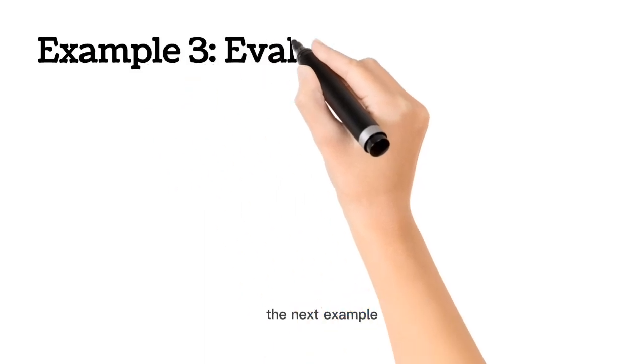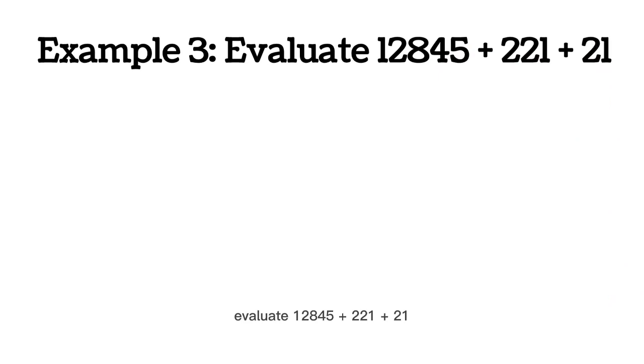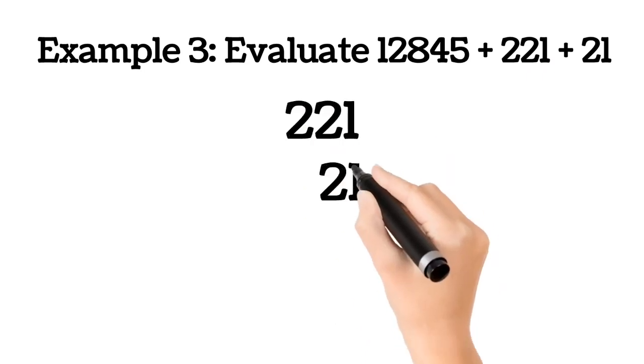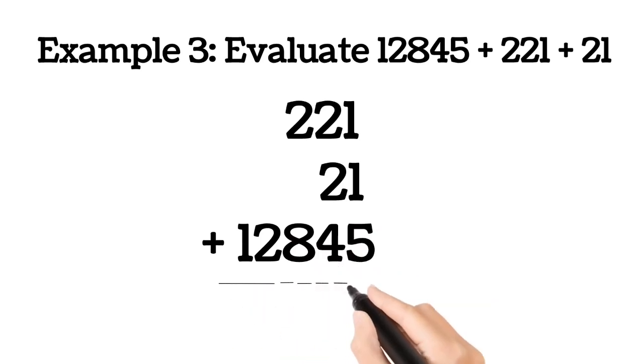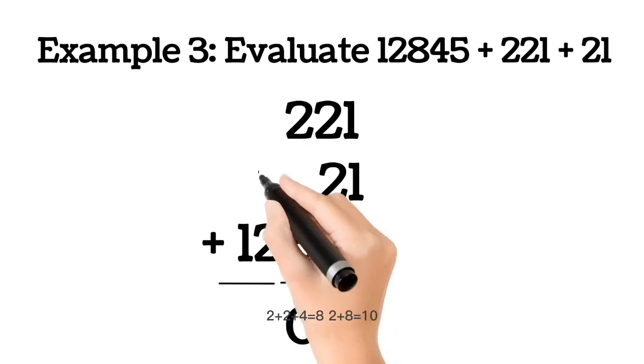The next example. Evaluate 12,845 plus 221 plus 21. So after arranging them in their place values, let's continue. 1 plus 1 plus 5 is 7. 2 plus 2 plus 4 is 8. 2 plus 8 is 10.